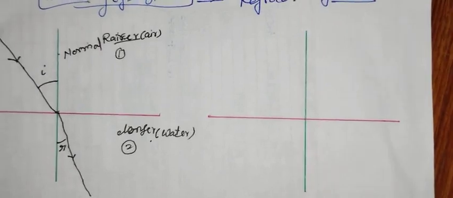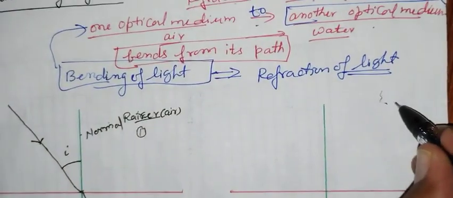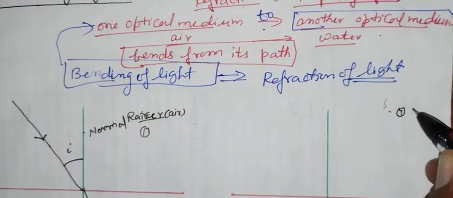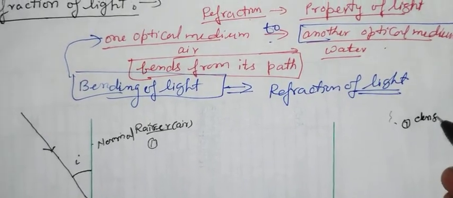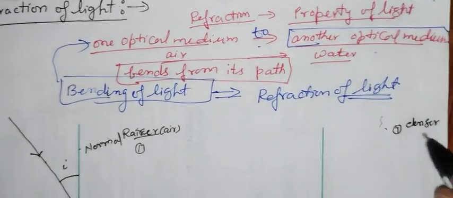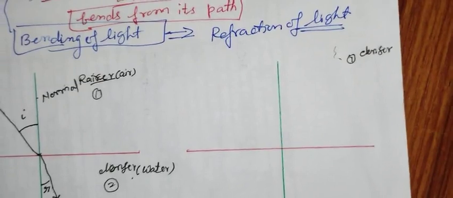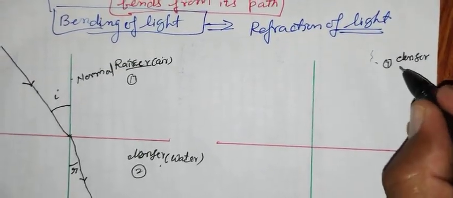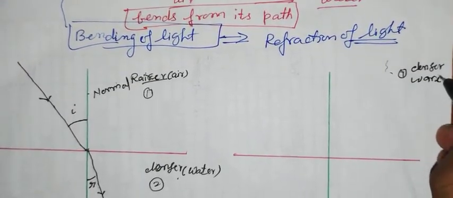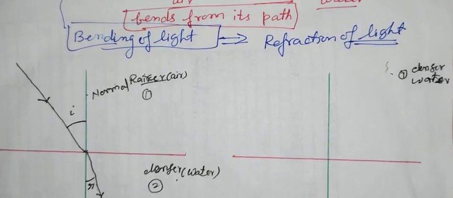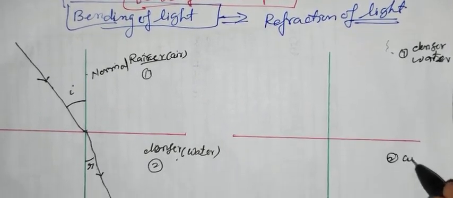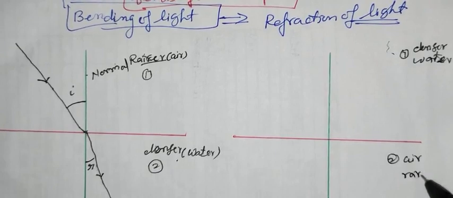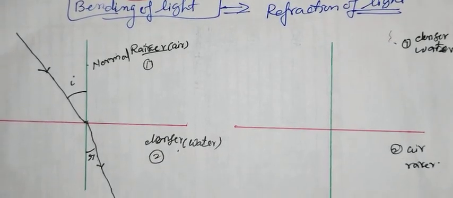The second experimental observation is obtained if we take the first medium as denser in comparison to the second. Let this denser medium be water, and the second medium we take air, the rarer medium.